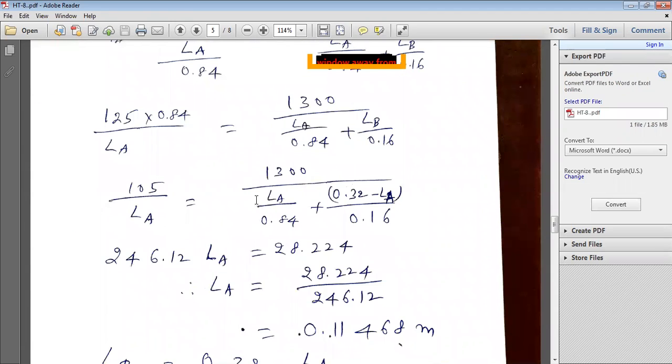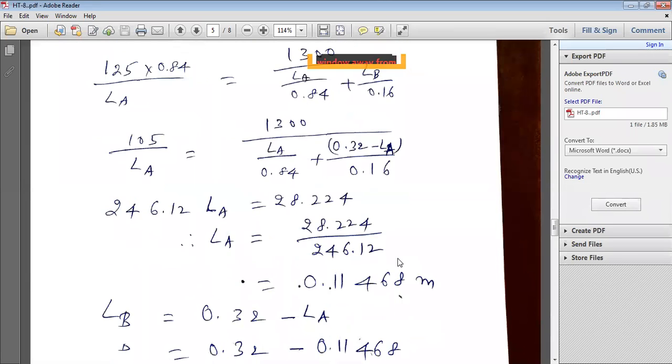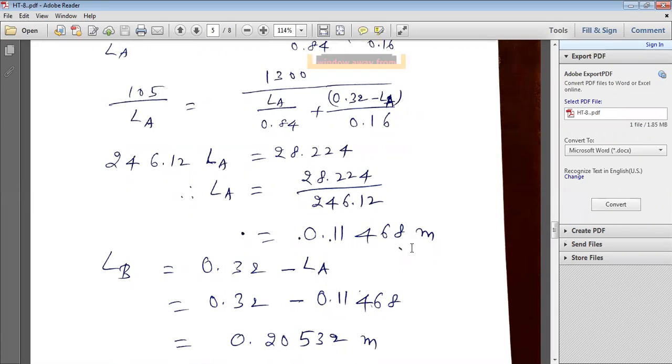So LA appears on the left-hand side and right-hand side, and there is only one unknown here. From this equation, you can calculate LA. LA is equal to 28.224 divided by 246.12, which is 0.11468 meters. The thickness of material A is 0.11468 meters.